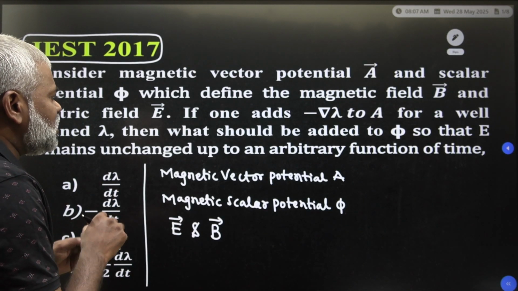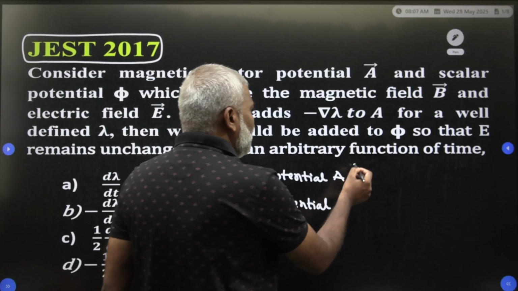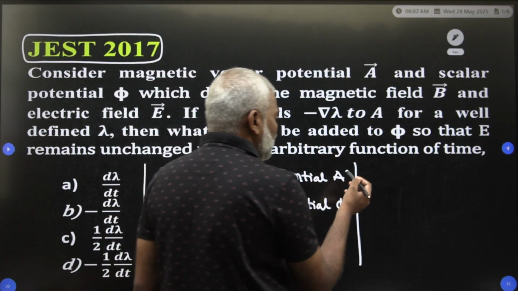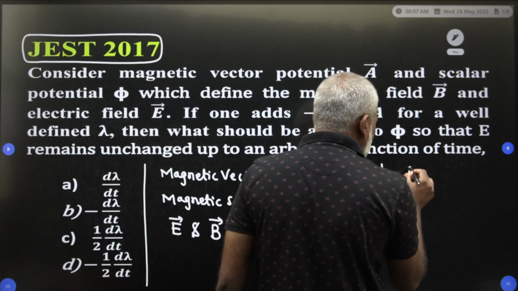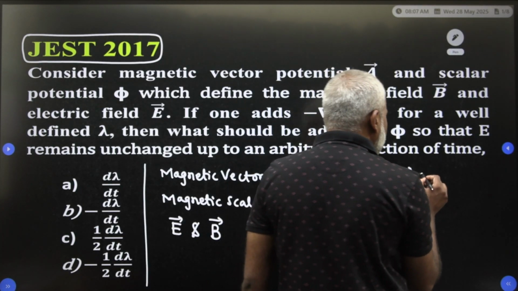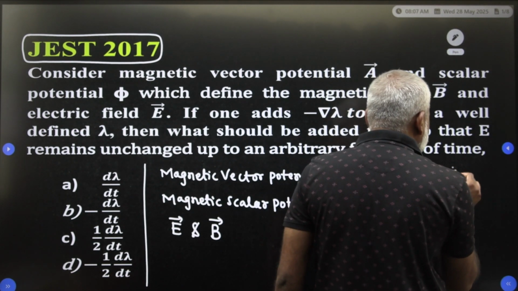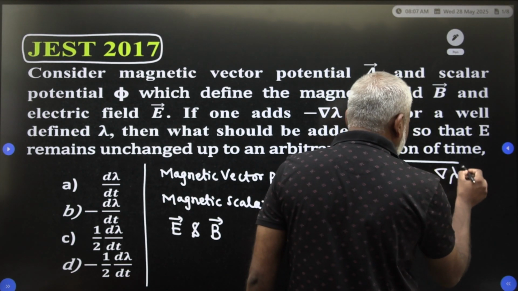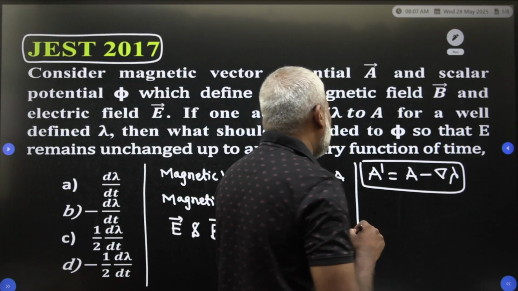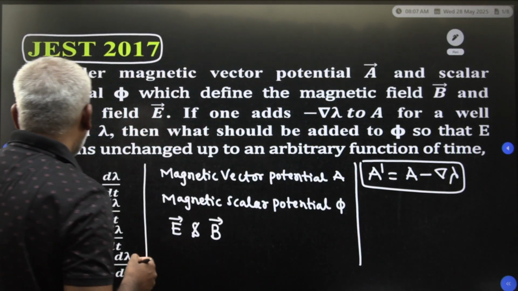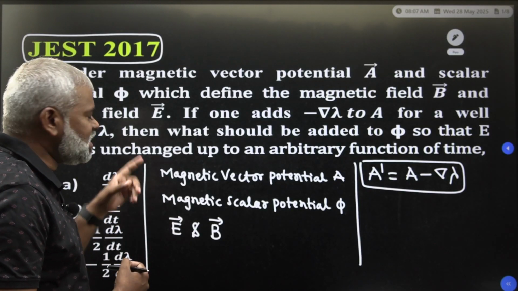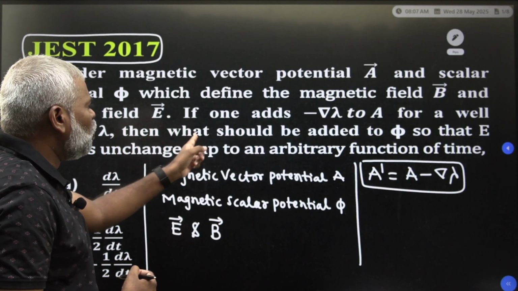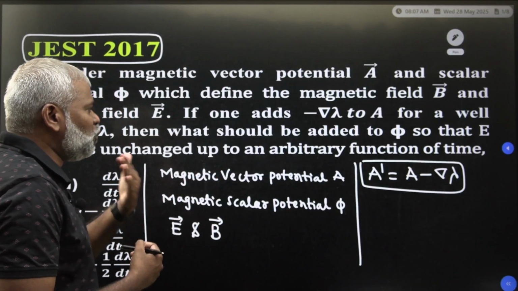If one adds to A, so suppose A dash is equal to A minus gradient of lambda, for a well-defined lambda, which is a scalar function, then what should be added to phi?